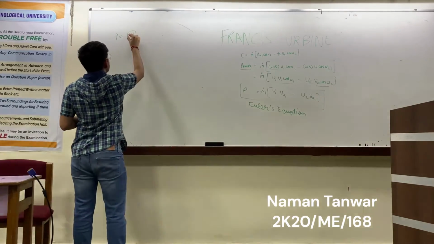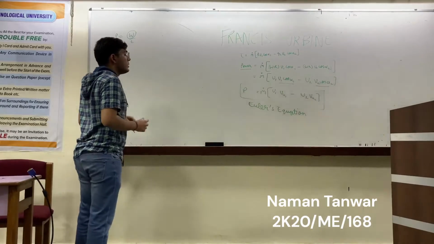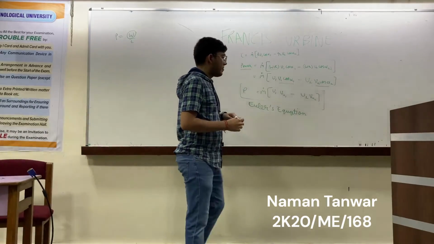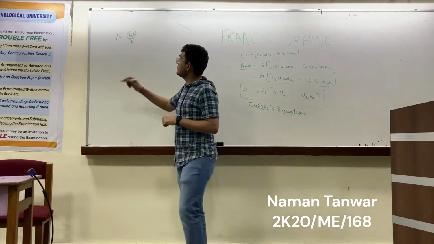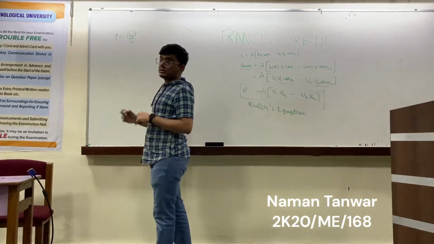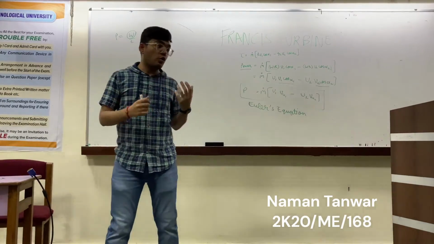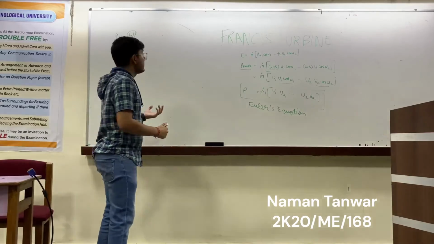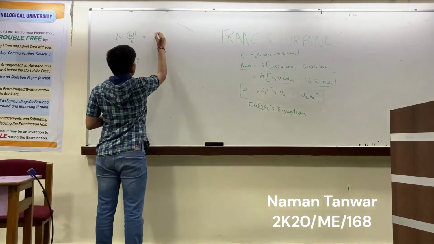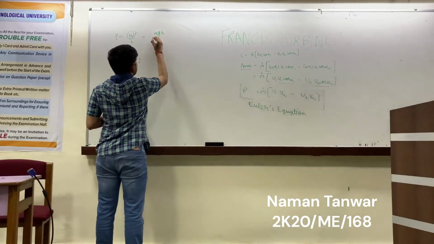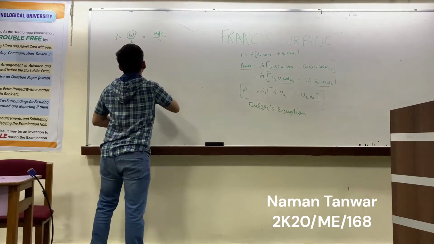And what is work done? The work done is nothing but the energy which the water is holding in itself. So this will come through the energy of water, which is mgh upon time.